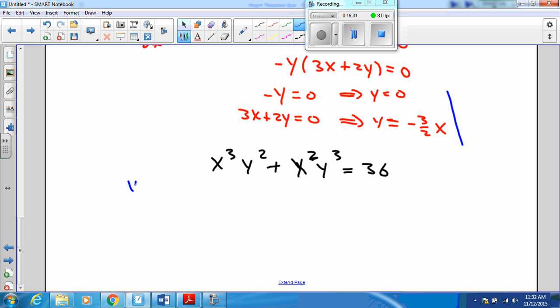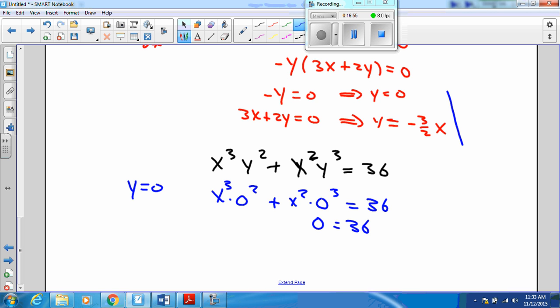When I plug in y equals 0, I find something really disturbing. What do I find? 0 is 36. I find that 0 is equal to 36. On what planet does 0 equal 36? No planet whatsoever. What does this mean?